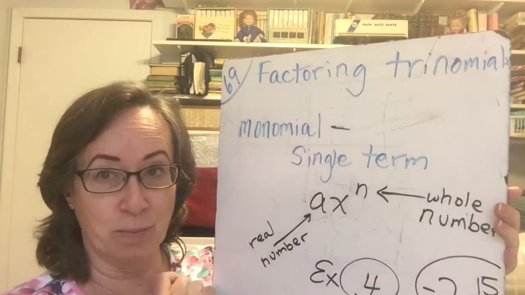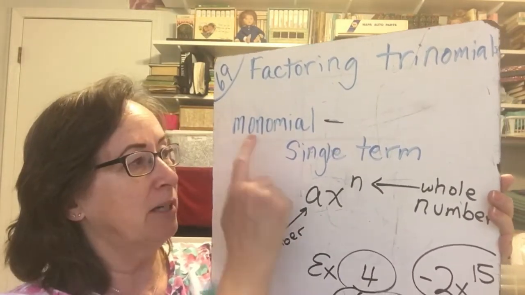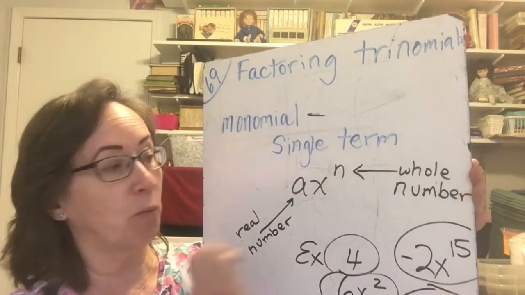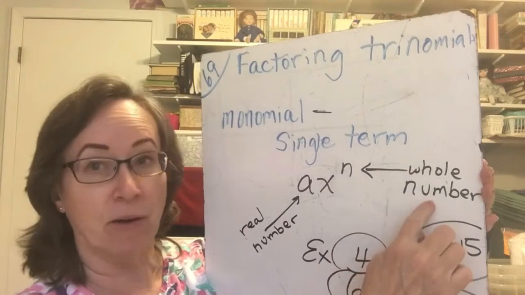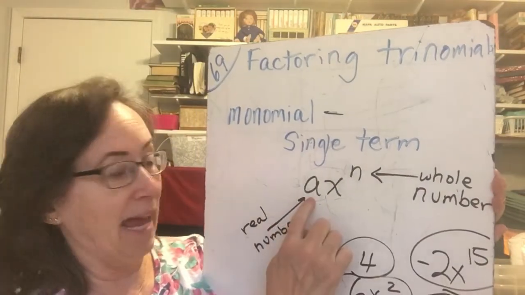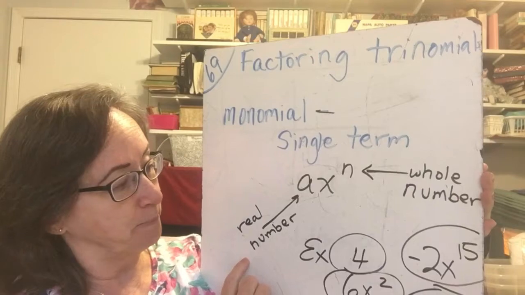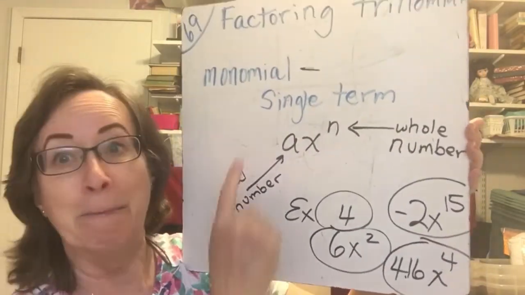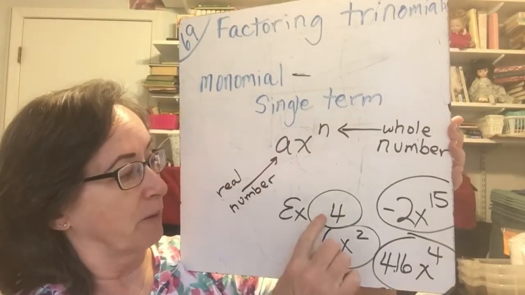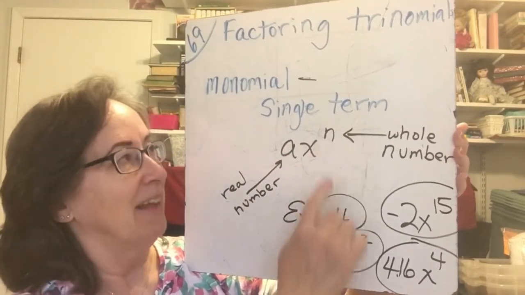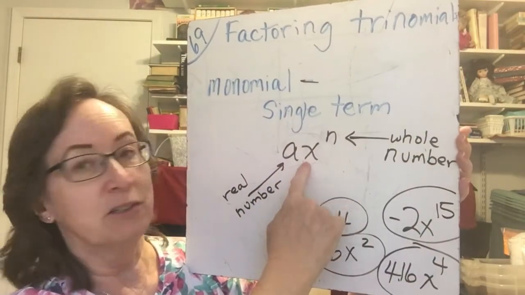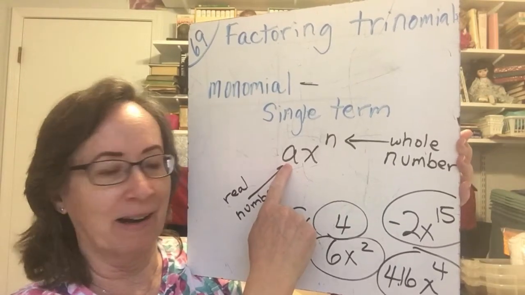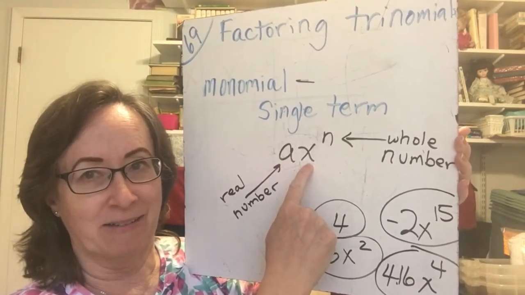A monomial, mono meaning one, is a single term of the form ax to the n, where n, the exponent, is a whole number, and the a in the front is any real number. These are some examples of monomials, because the variable x to the 0 power will give us 1, and then 4x to the 0 is 4.